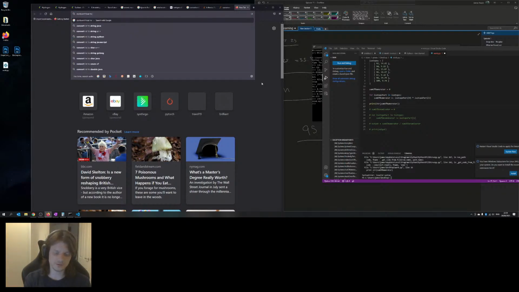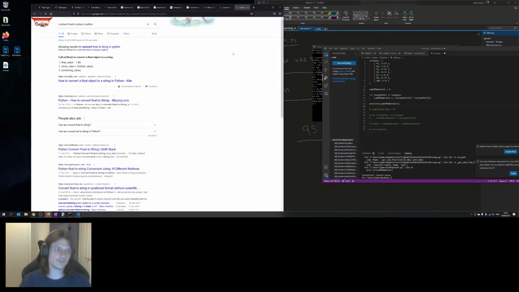Convert float to string in Python. It is that. Why is it not like that? No, that is the list and we're getting the value back.